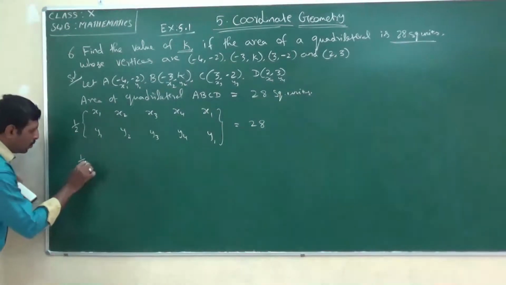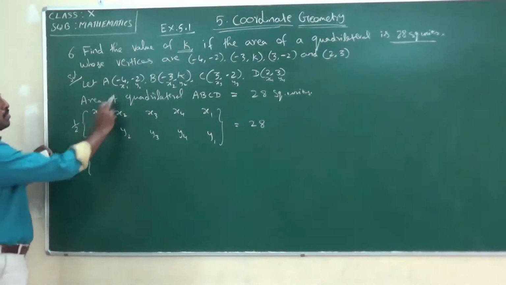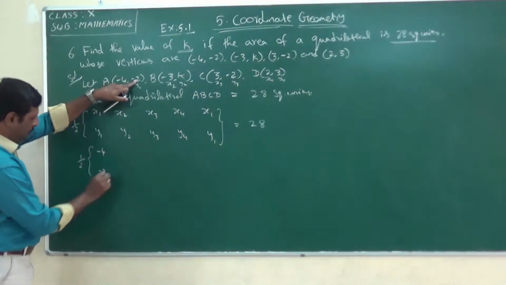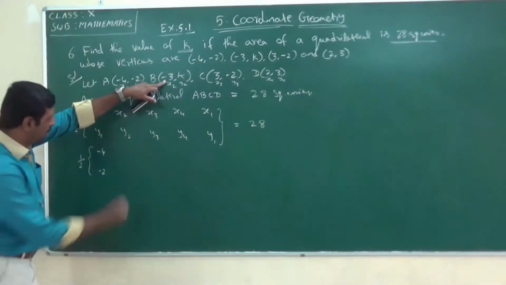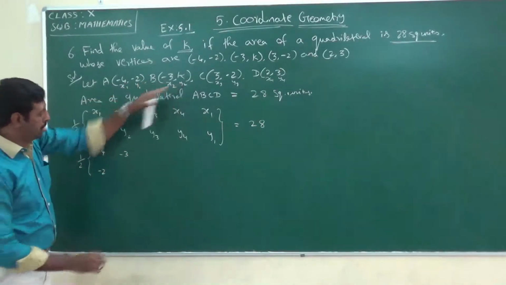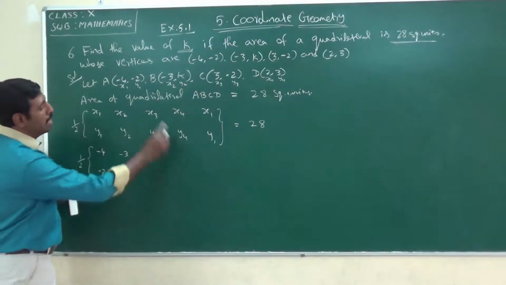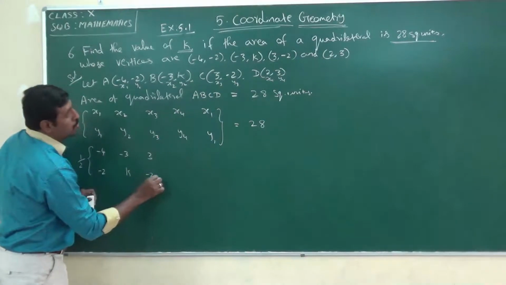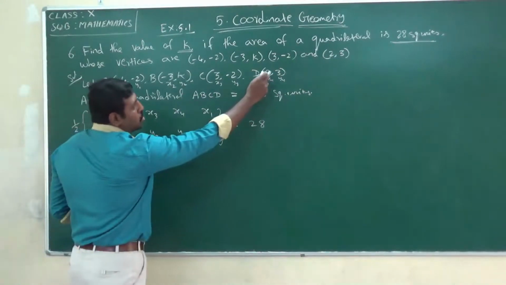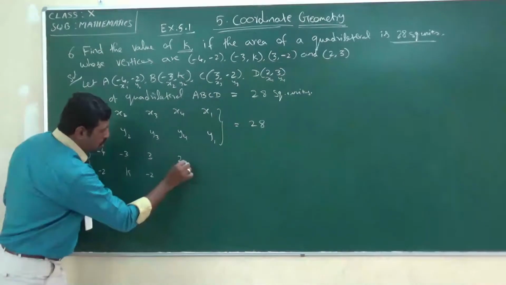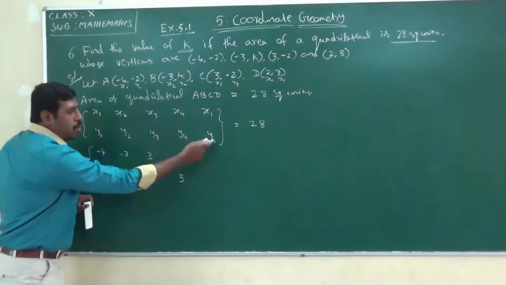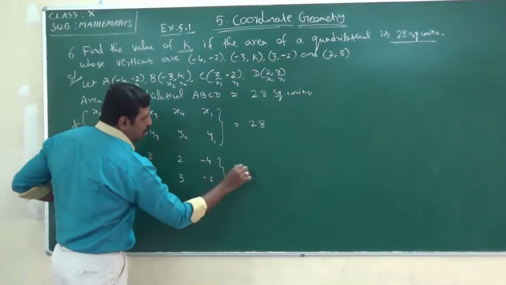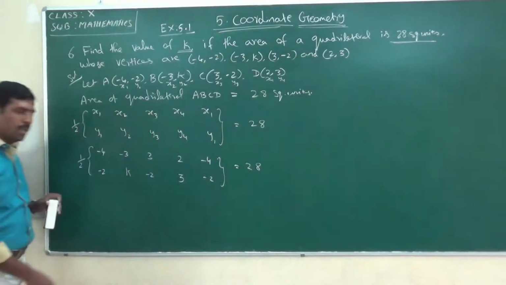We get half into: x1 is minus 4 and y1 is minus 2, x2 is minus 3, y2 is k, x3 is 3, y3 is minus 2 and x4 is 2 and y4 is 3, again x1, y1, so take that point minus 4, minus 2. This term is equal to 28.